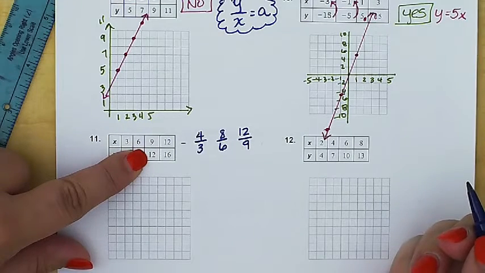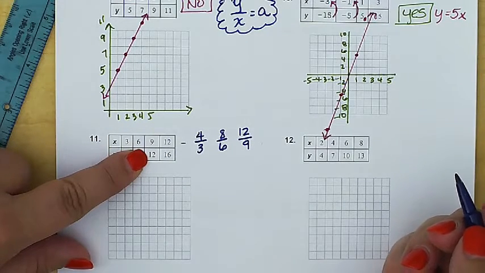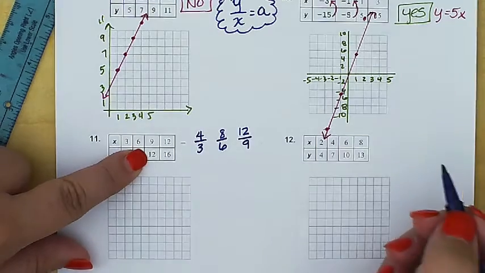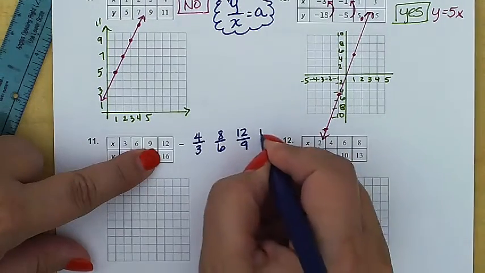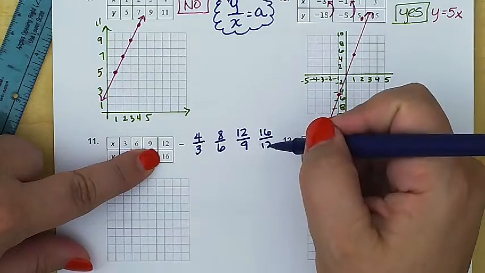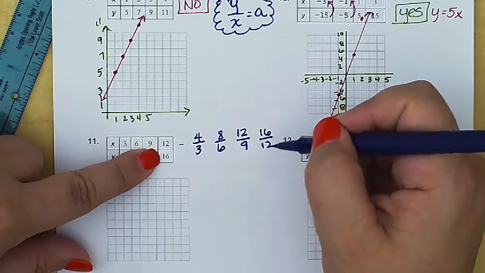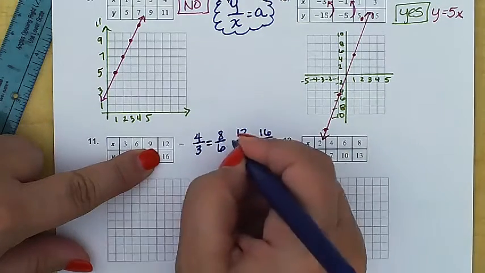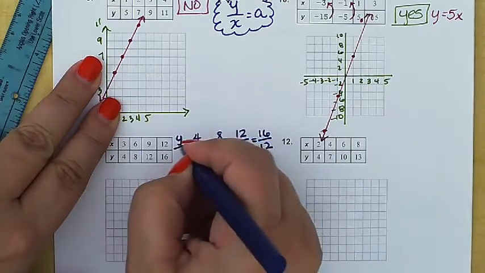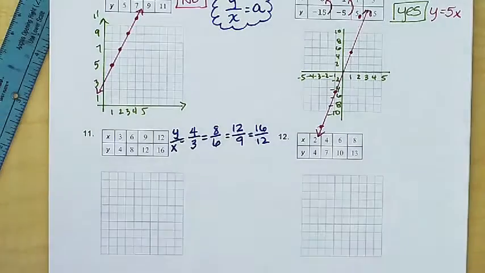Does that reduce to 4/3? The answer is yes. I can divide both of those by 3 and get 4/3 again. This one does too, I can divide this by 4, and I'll get 4 over 3. So all of these are equivalent to each other when I did the y over the x, okay? They were all equal for every one of those points.